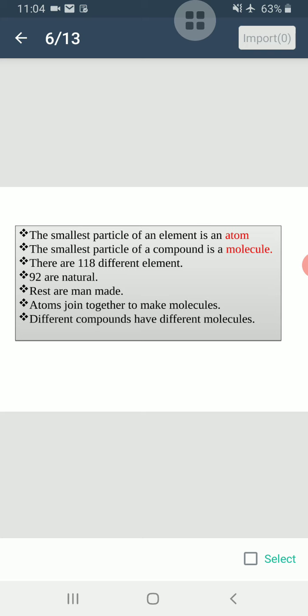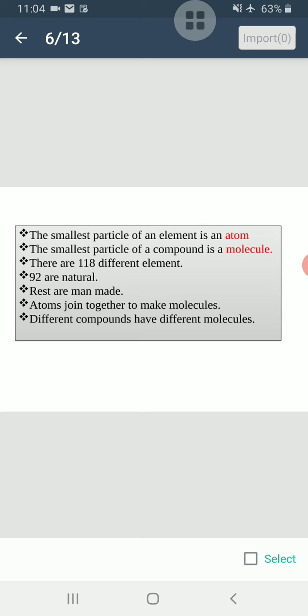Let us suppose atoms are like the letters of the alphabet. We group different letters to make words.